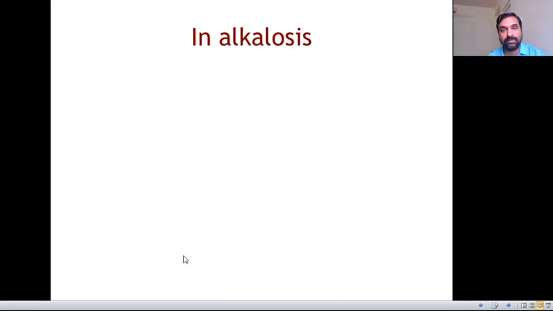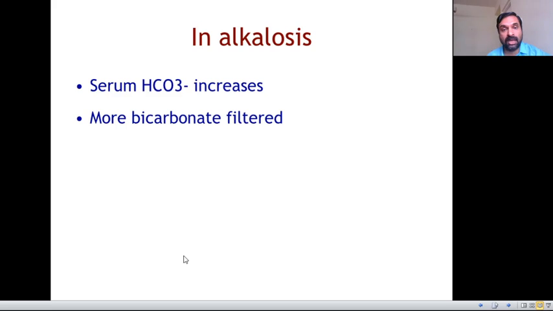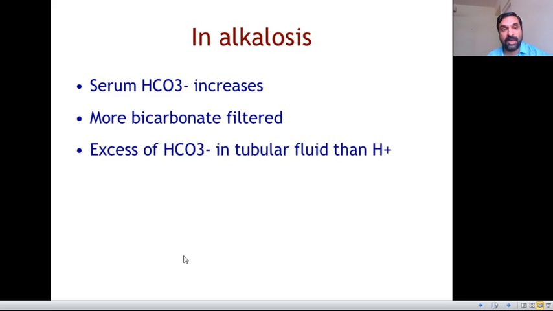Okay. Now what happens in alkalosis? In excess alkali in our body, serum bicarbonate increases. In case of alkalosis, serum bicarbonate will be more, and more bicarbonate will be filtered, and there is excess bicarbonate in tubular fluid relative to H plus. So the amount of bicarbonate in the tubular fluid will be more than H plus concentration.